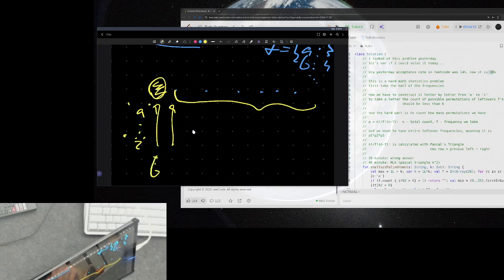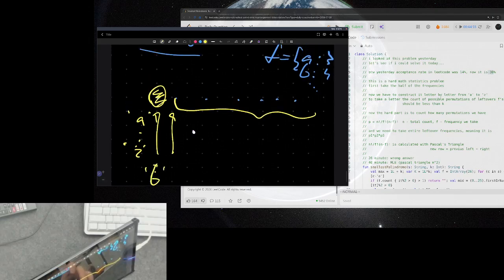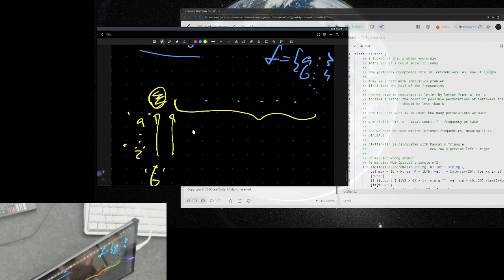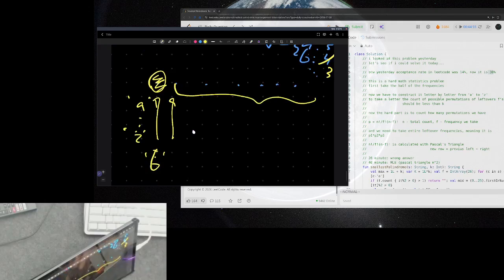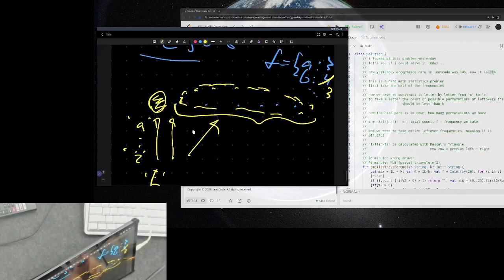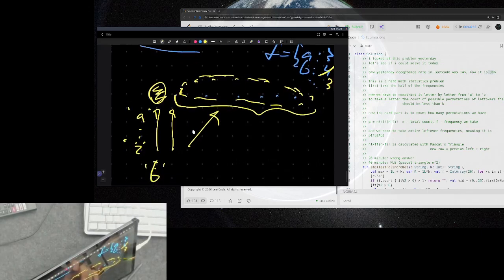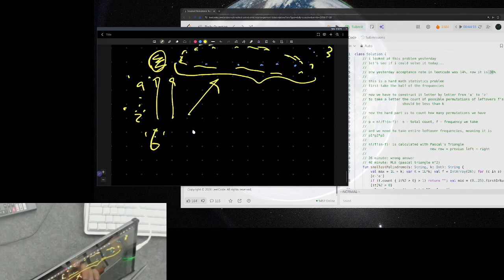We remove this B from the frequency, and we compute how many permutations we have left on the suffix of all the positions we have. So this is a statistics problem.